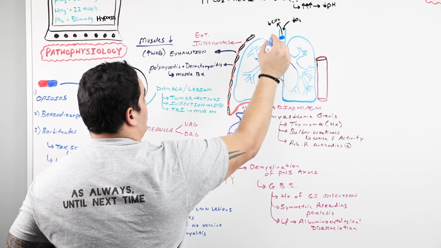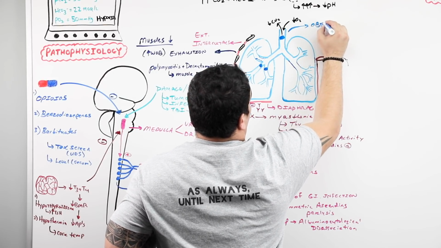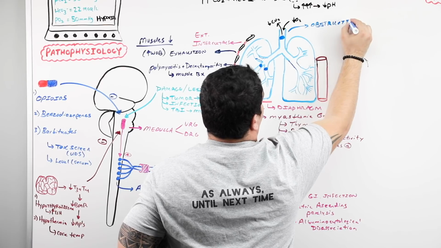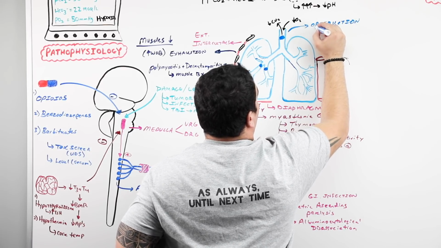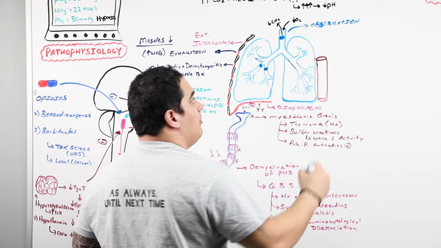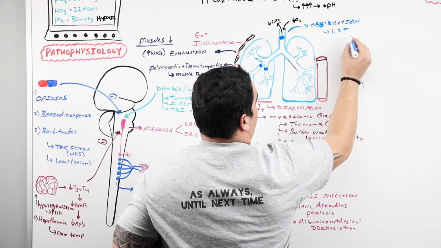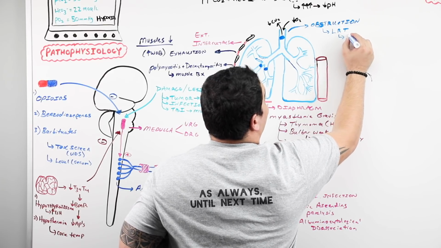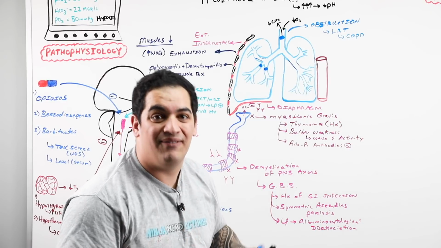Is there an obstruction? So let's write that down over here. So, obstruction. And for that obstruction of the airway, I want to know, is it a lower airway problem? In other words, if it's a lower respiratory tract issue, I'm thinking about COPD, right? So chronic bronchitis, emphysema.